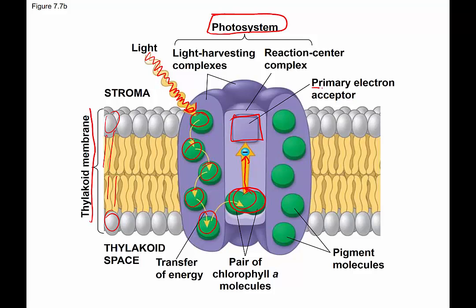So we have what's called the primary electron acceptor. Essentially it steals that electron from this pair of chlorophyll molecules. So again, instead of that electron going down to its ground state and releasing heat and fluorescence, here the photosystem actually steals that electron. And we're going to see what happens to the electron in the next figure.